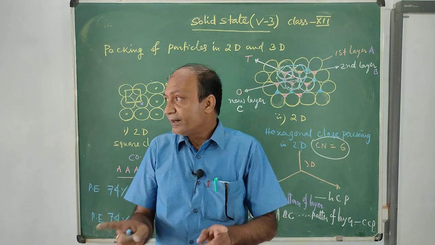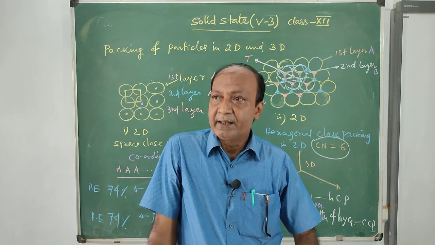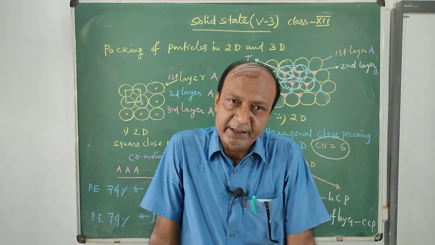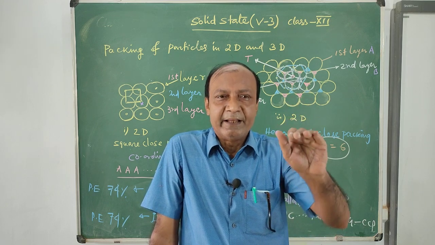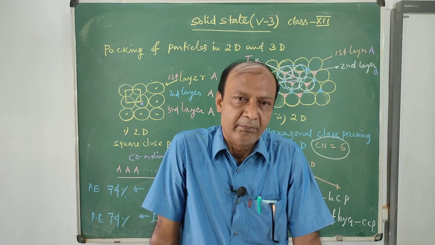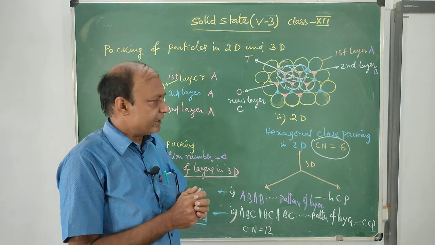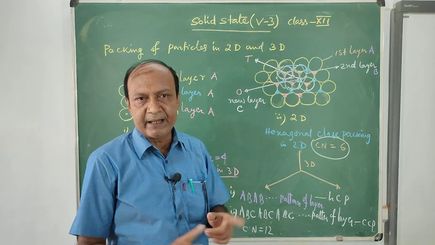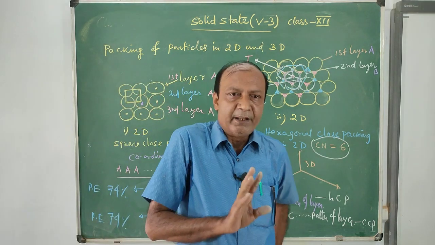They are called different types of arrangement because of the arrangement of layers. Layer A and layer B are different because their centers are not exactly lying vertically above. Layer B and layer C and layer A are different layers because their centers are not vertically above. That's why the arrangements have been given different names, HCP and CCP. So there are differences as well as similarities.